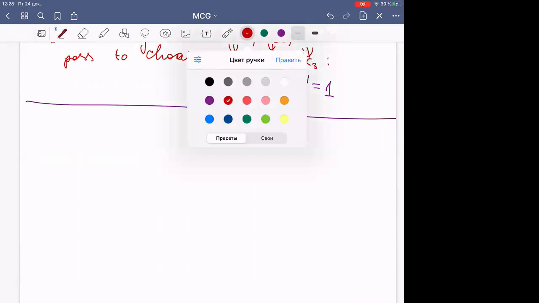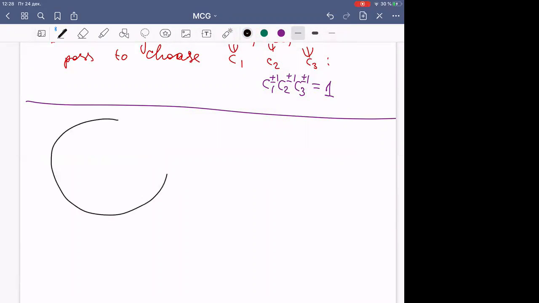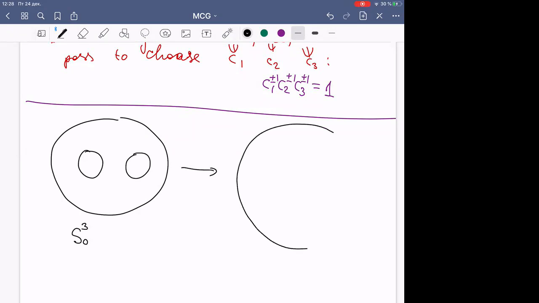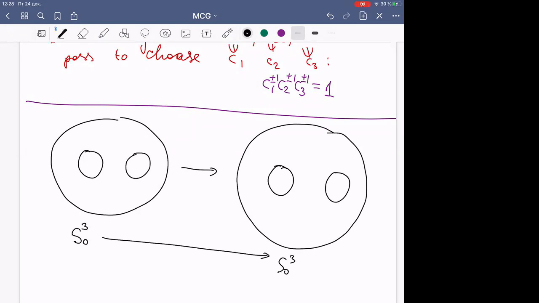We may forget about the whole surface, but now we have only a sphere with 3 holes. So our surface is a sphere with 3 holes. And we have here another sphere with 3 holes. And we know that this sphere with 3 holes maps onto that sphere with 3 holes, so that this F is a diffeomorphism on the boundary.